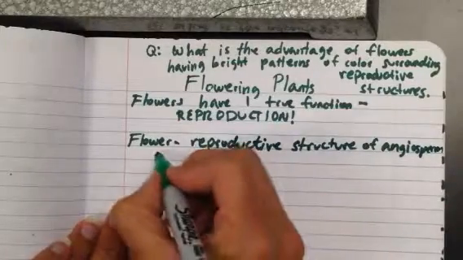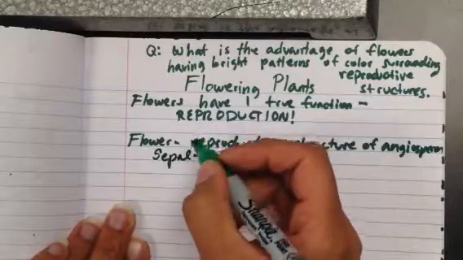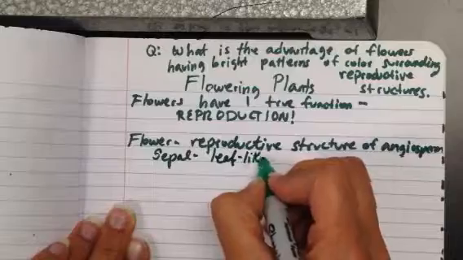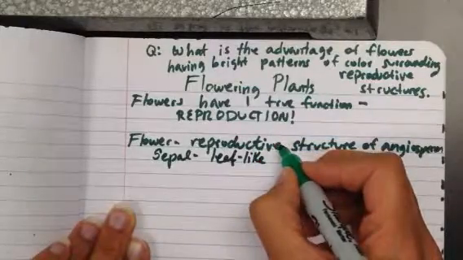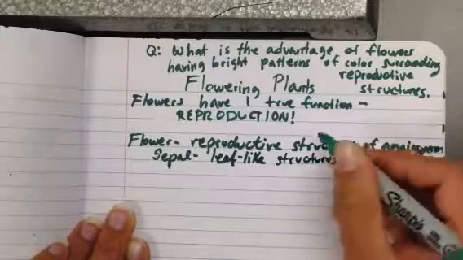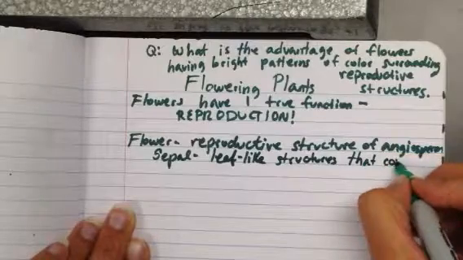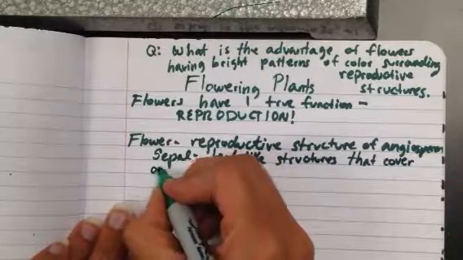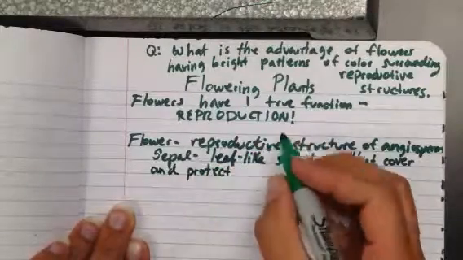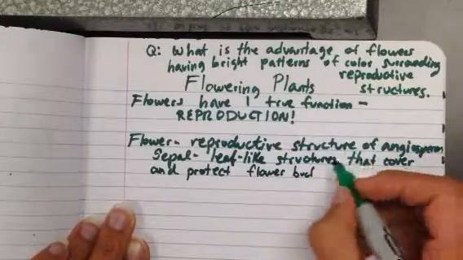And there are several parts to the flower that you need to know. The first is the sepal, which is the leaf-like structures that cover and protect the flower bud before it opens.